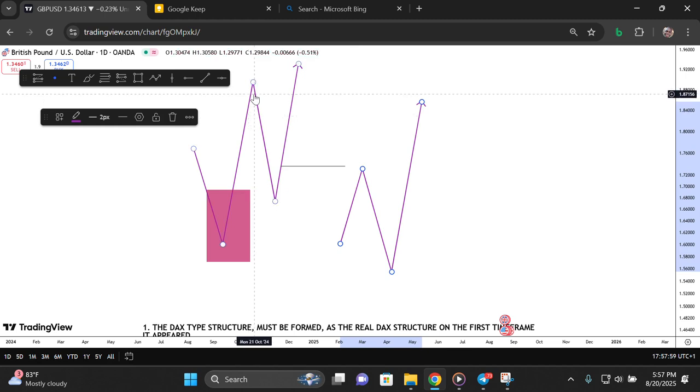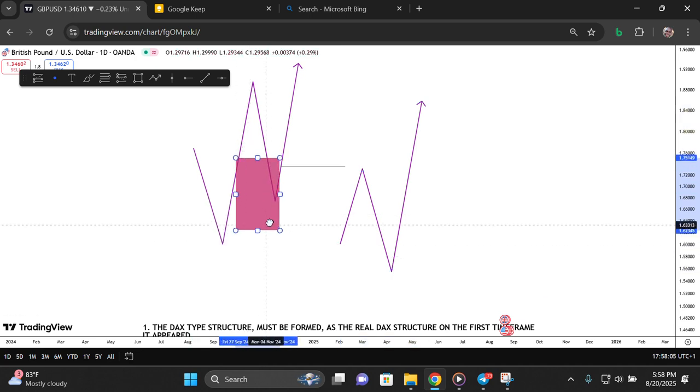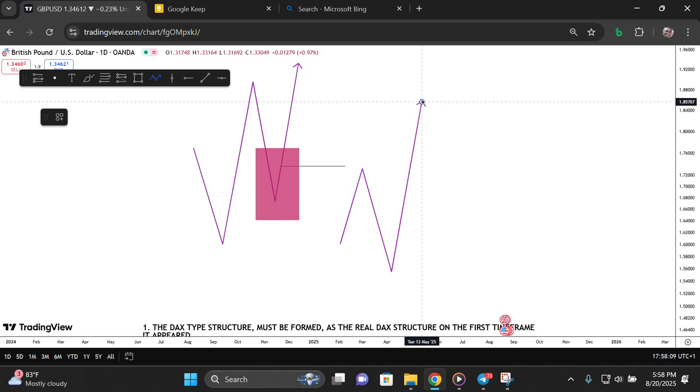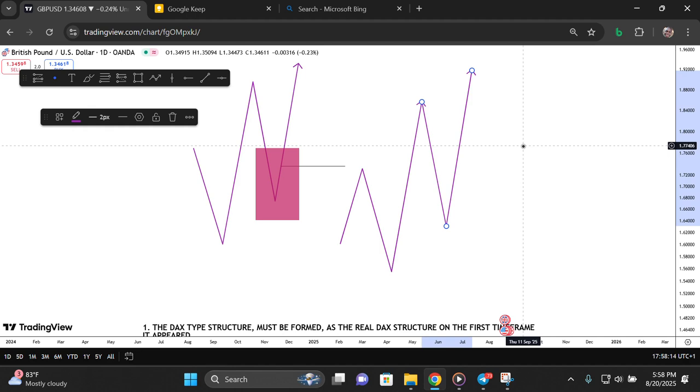And this second one here must not have a sweep. It must just be a V-shaped structure or a U-shaped structure, or let me just call it a simple name, a basic market structure. Understand that rule?